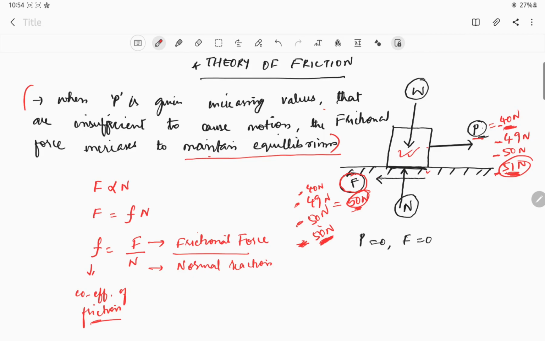So always remember, the coefficient of friction is a constant value, and it is the ratio of the frictional force to the normal reaction.